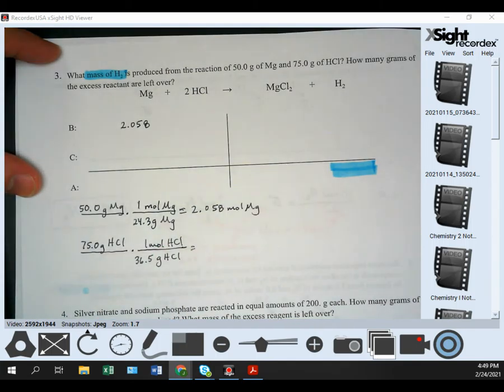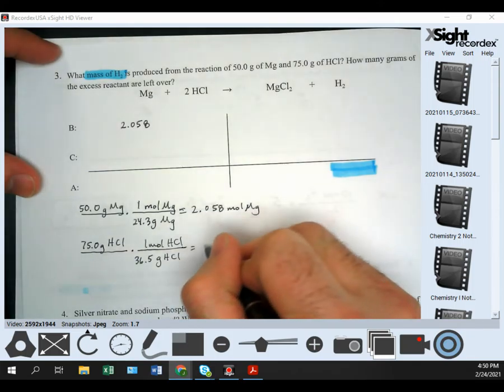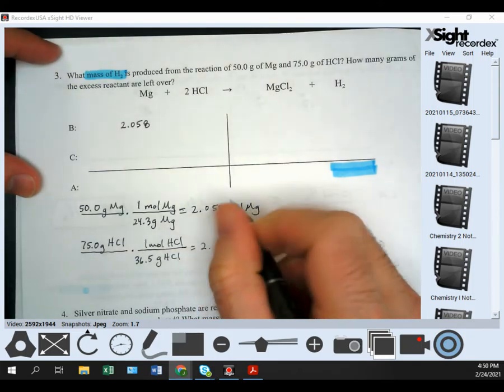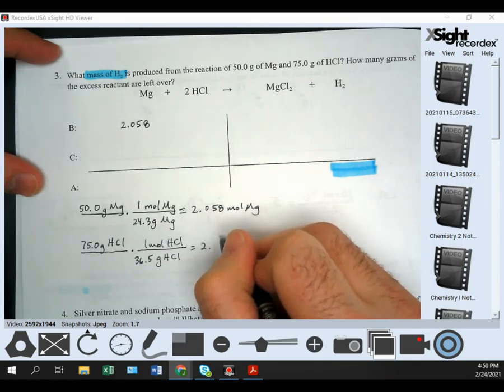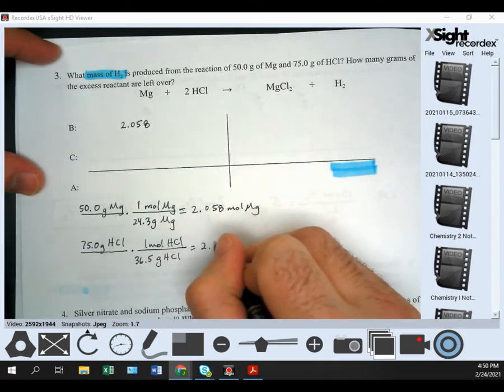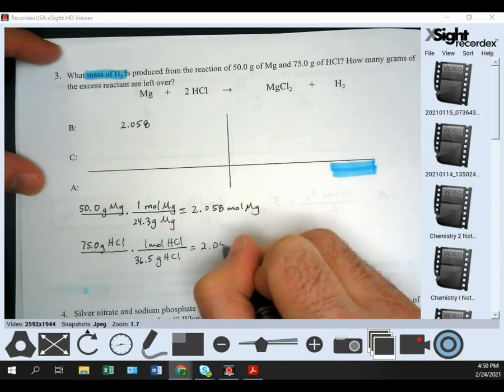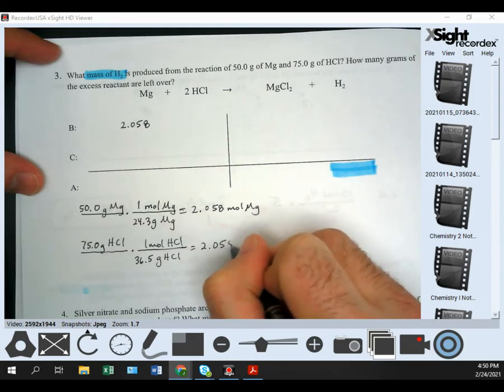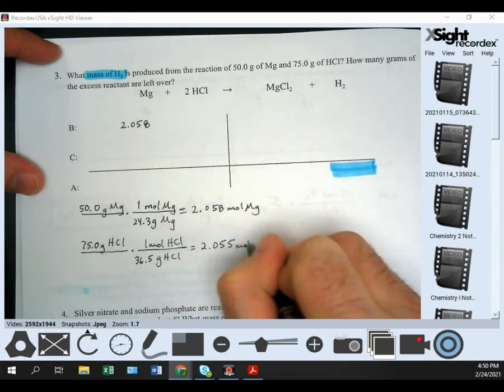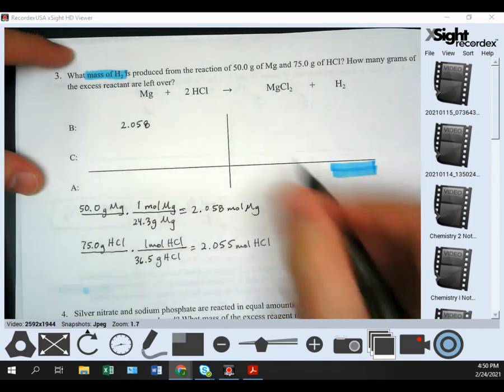And we get, oh, that's super close to exactly the same, 2.055 moles of hydrochloric acid. So that's what we start with up here.